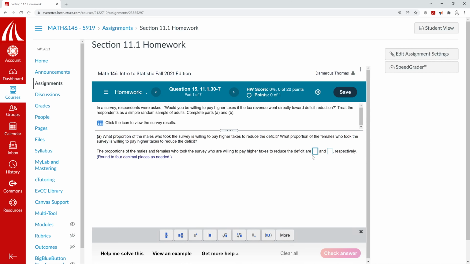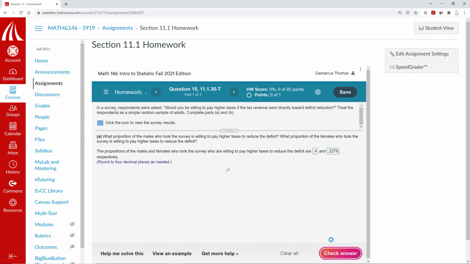They wanted us to round to 4 decimal places. I don't think I rounded to 4 decimal places, but I'll do that. The male we got to be 0.4, and female we got 0.2278.